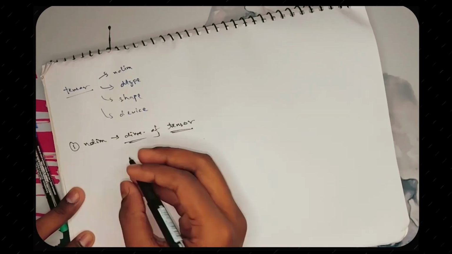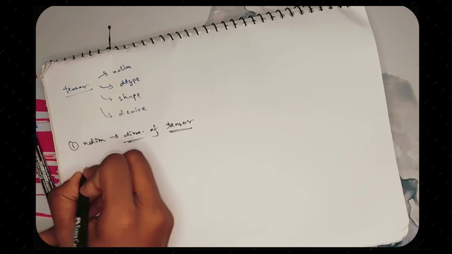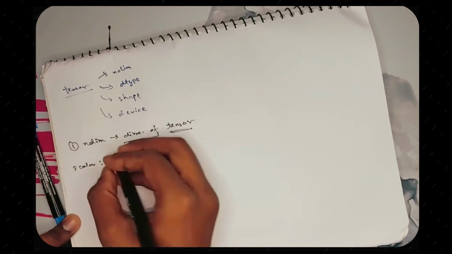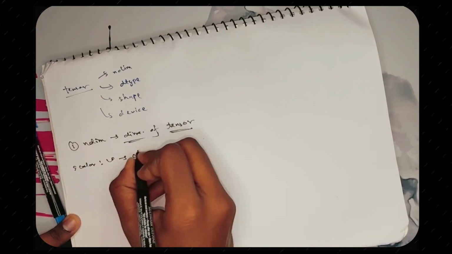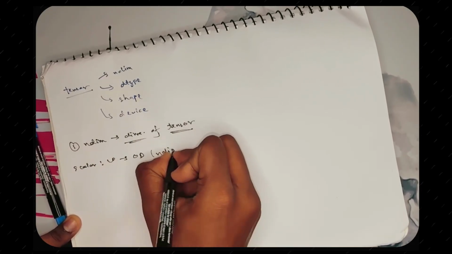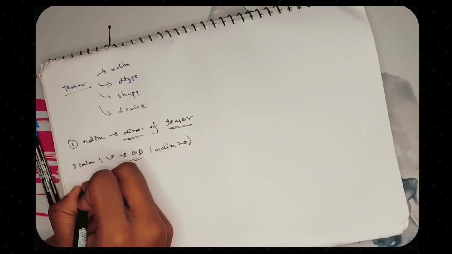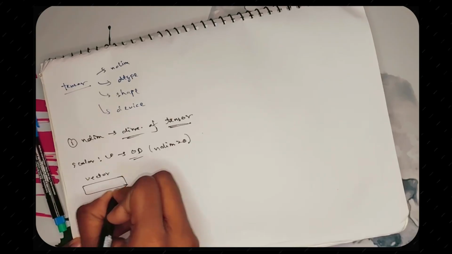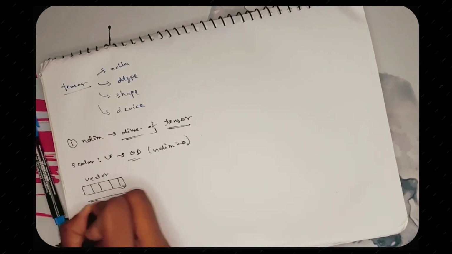You can think of it this way. Suppose we have a scalar, say 10. This is nothing but 0 dimensions, therefore its ndim is 0. Similarly, this is a vector, and it has only one dimension, along this x-axis.